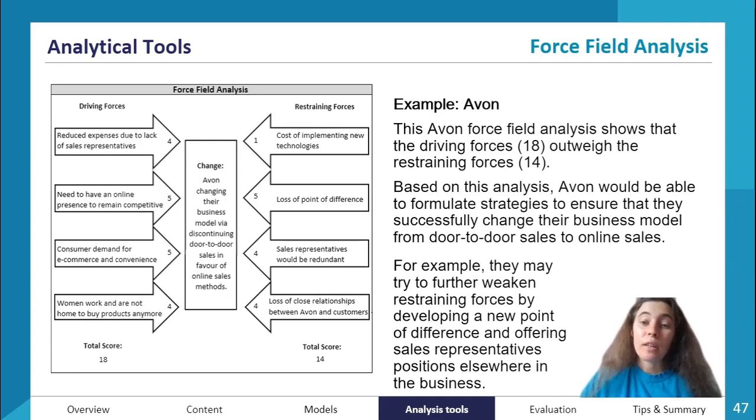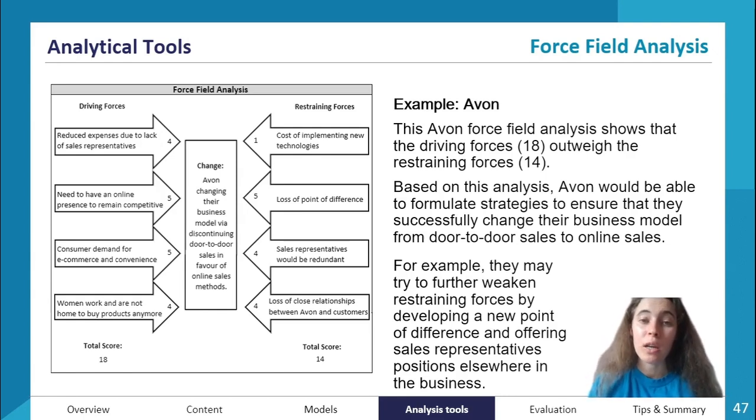So this Avon example that we've got here shows that the driving forces outweigh the restraining forces. So the change example we've got here is Avon changing its business model by discontinuing door-to-door sales in favor of online sales methods. So some driving forces, for example, we've got the need to have an online presence to remain competitive.